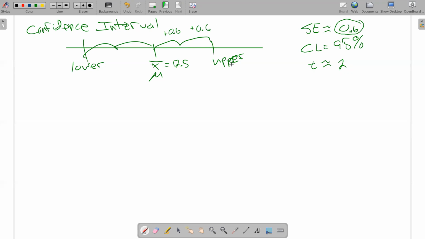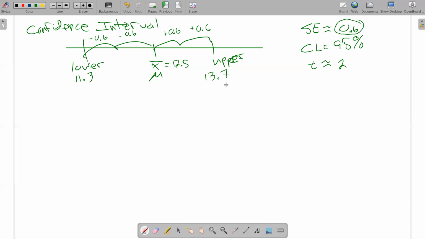So that'd be adding 1.2 to that. So that's going to give me what, 13.7 for the upper bound. And then lower, we subtract 0.6, subtract 0.6 again. So minus 0.6, minus 0.6. That's going to give me what, minus 1.2, about 11.3-ish.